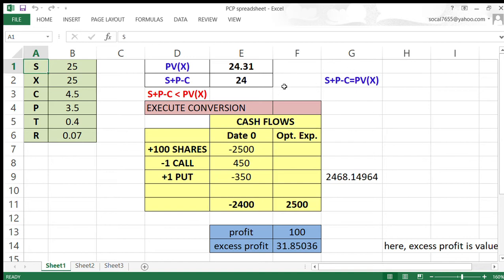And so you're familiar with this spreadsheet, and here, of course, is put-call parity. And in equilibrium, S plus P minus C is equal to the present value of the strike price. Again, the present value of the strike price is kind of a strange phrase. In a way, there's no such thing as the present value of a strike price that has any meaning.